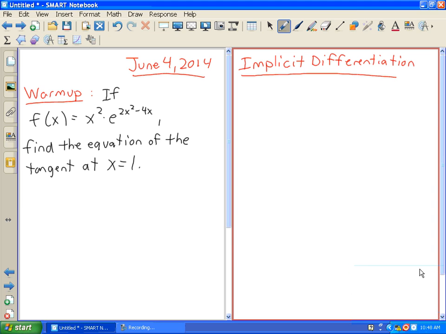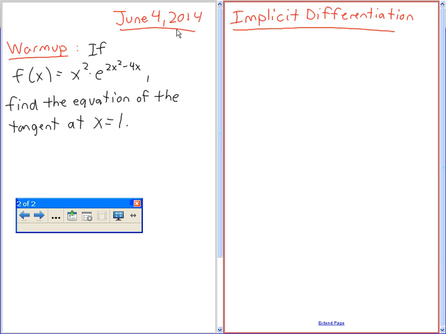Implicit differentiation. Here we go. We're going to study functions. They can also be derived with multiple variables.